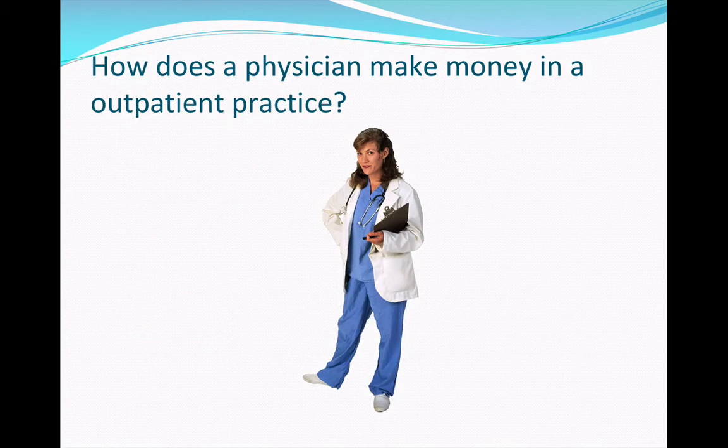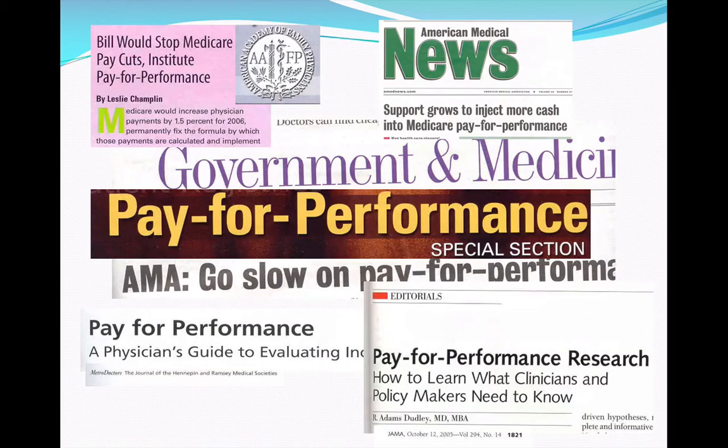A key thing too to think about when you go to talk to a physician, we all know how we make money, or sometimes unfortunately we may lose money when we fill a prescription. But how does a physician make money in the outpatient practice? They are being told, with cuts possibly with Medicare, and also looking at what's called pay for performance, just like we are, that no longer do they want to pay a physician fee for service.